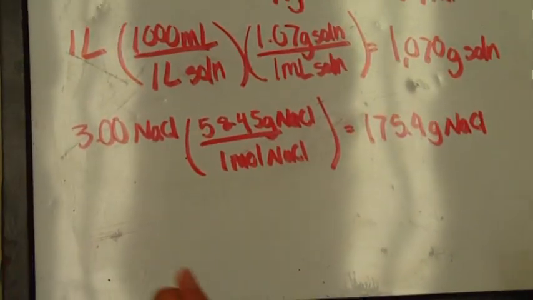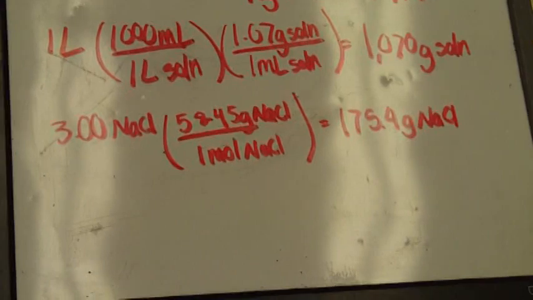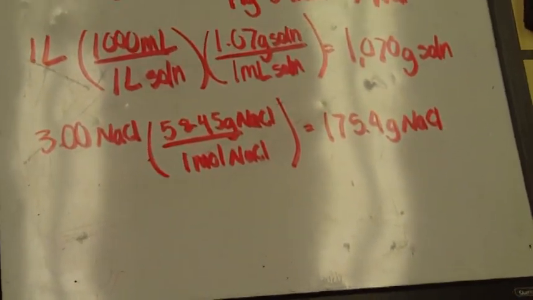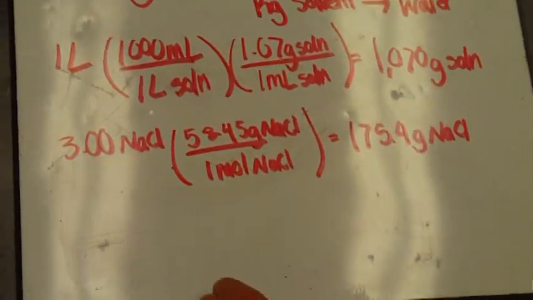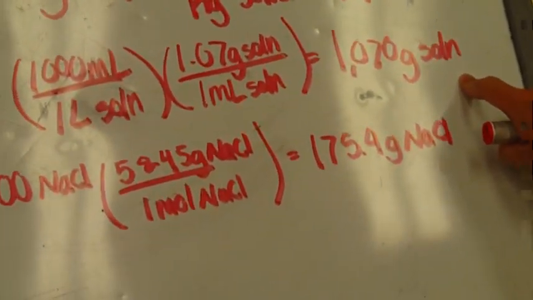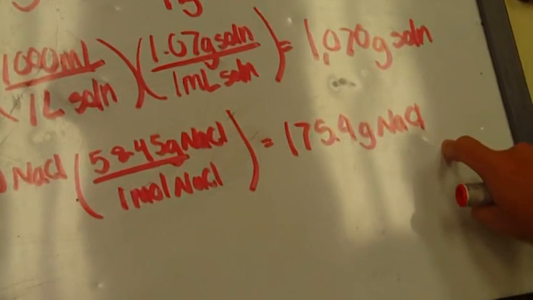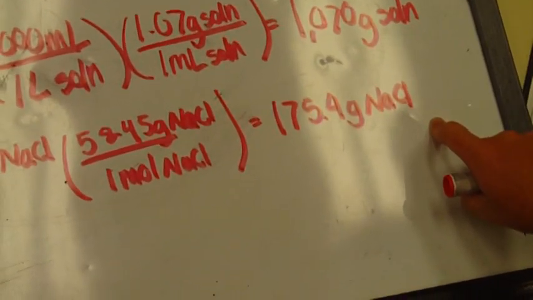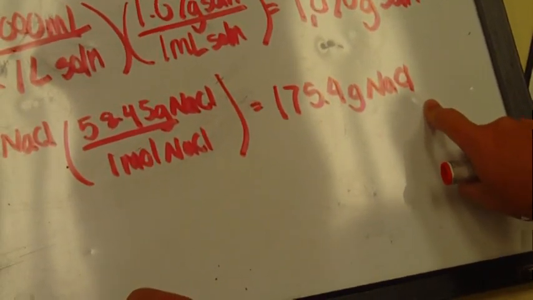So we know that the mass of the water in 1 liter of solution must be the mass of the solution subtracting the grams of solute that we have.